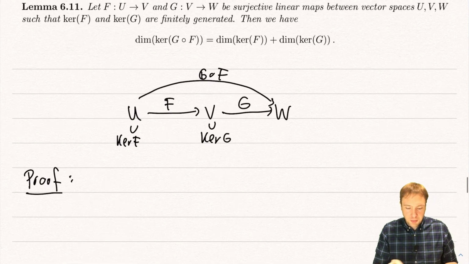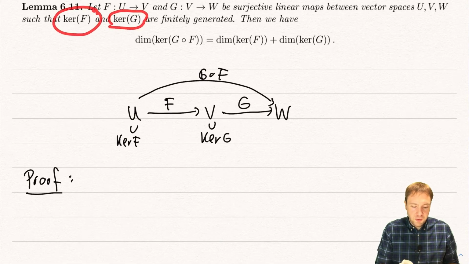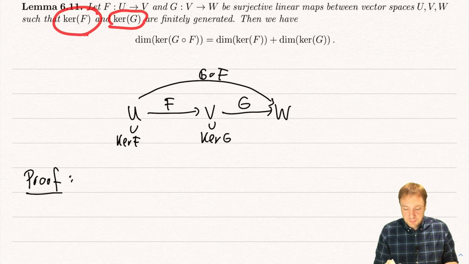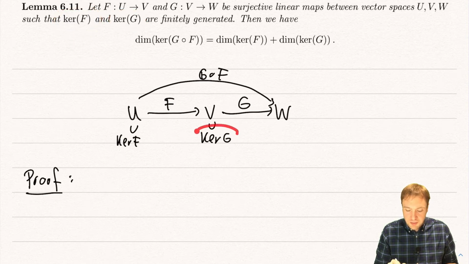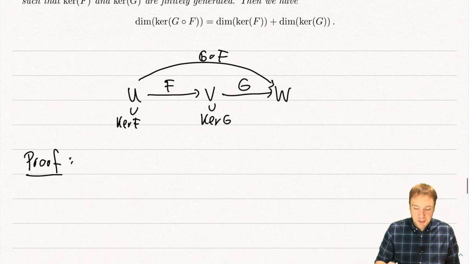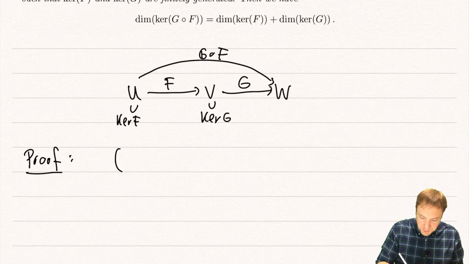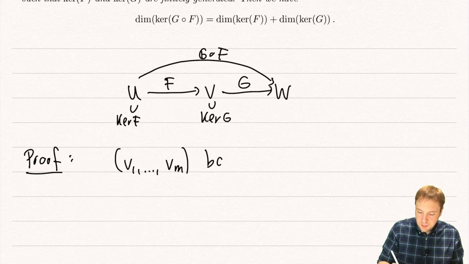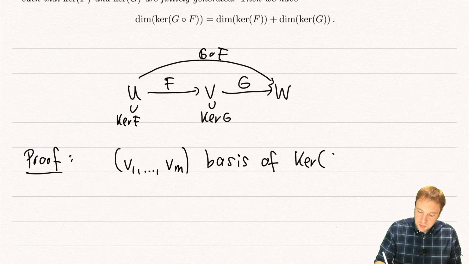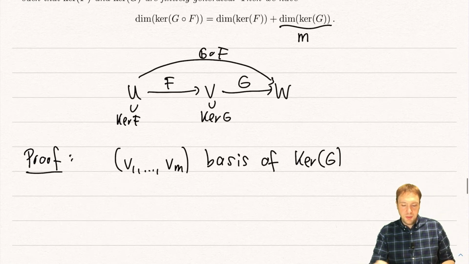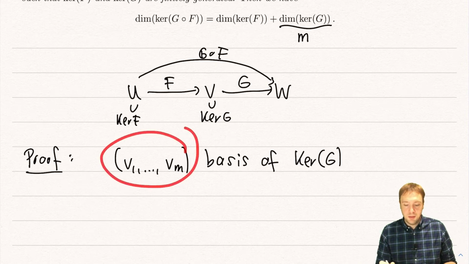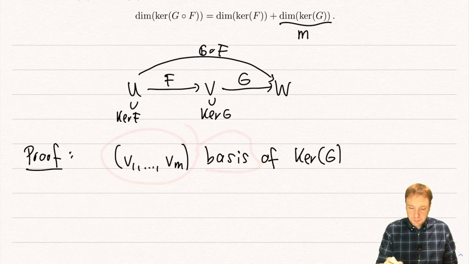Both of these kernels we assume are finitely generated, and therefore for the kernel of g we can write down a basis. So we call this v1 up to vm a basis of the kernel of g. In other words, the dimension of the kernel of g is m because we have m basis elements.